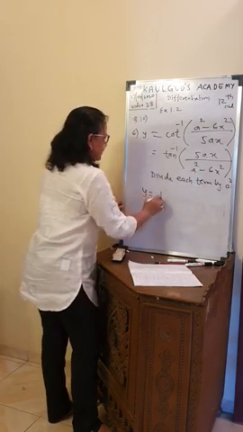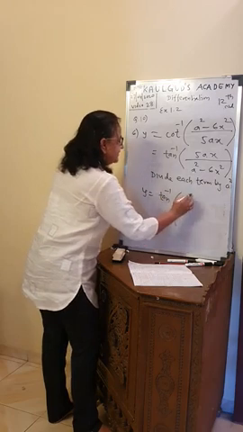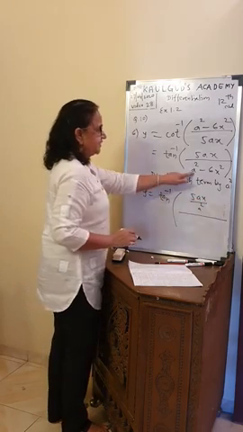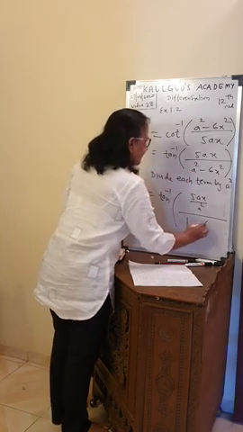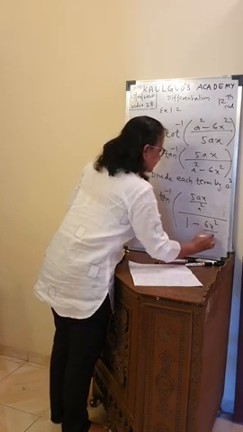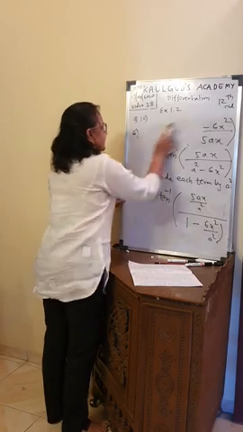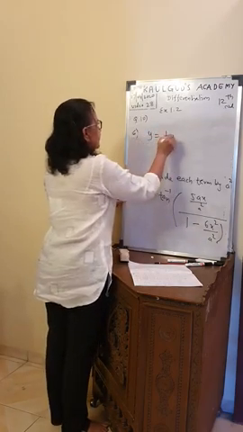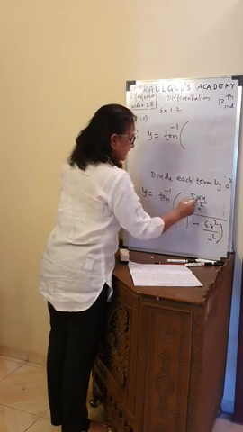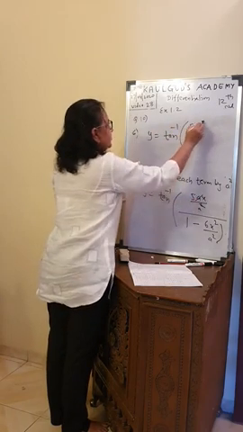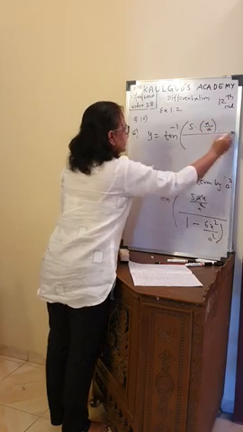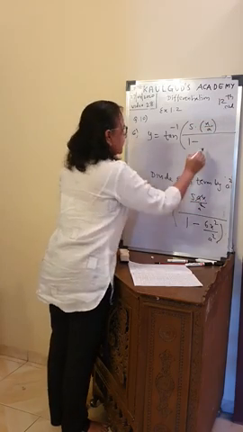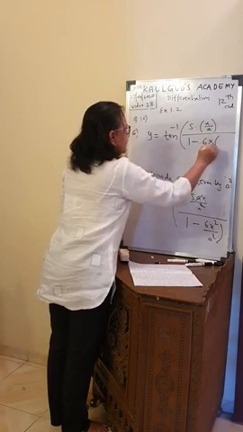So y becomes tan inverse of numerator 5ax I divide by a square, down a square upon a square I get 1, and last term 6x square I divide by a square. So everywhere I divide by a square. How does it help me? I get y as tan inverse of, observe here a is gone, 5 into x upon a, down 1 minus 6 into x square upon a square.